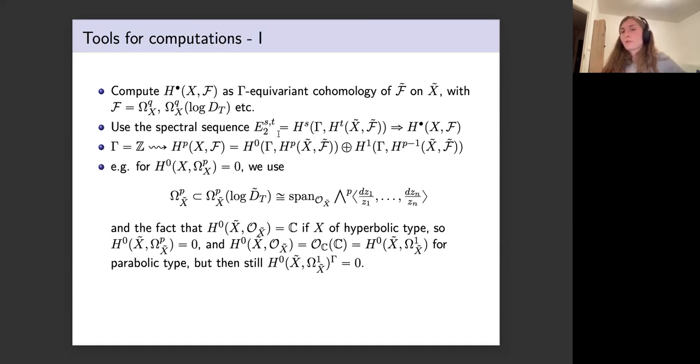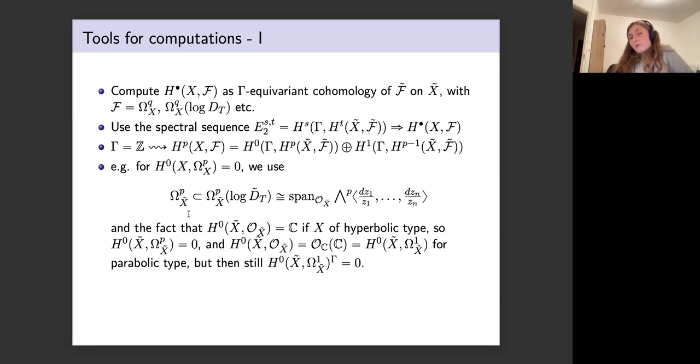Of course, for holomorphic forms, you don't need this spectral sequence at all, but I'm just saying here, to show that there are no holomorphic forms, you would have to show that there are no Gamma-invariant holomorphic forms on the universal cover.